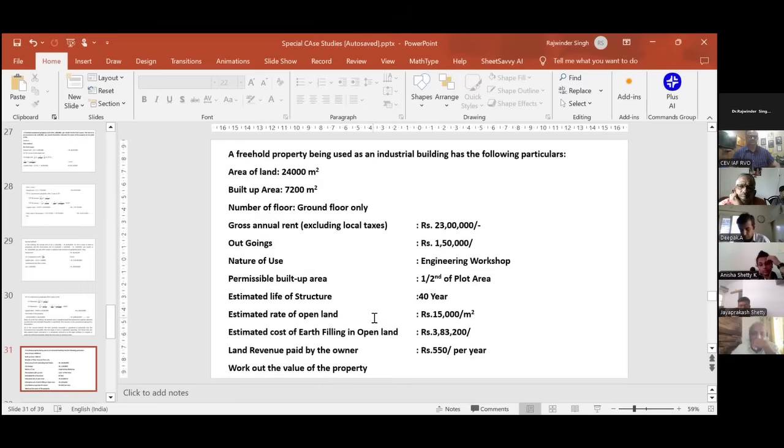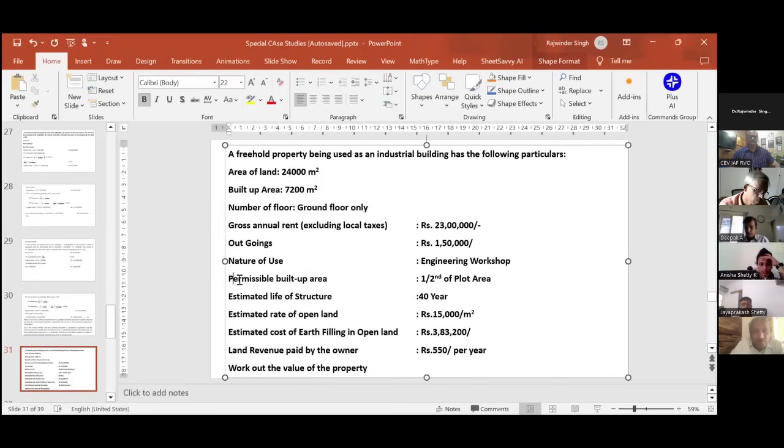What does this mean? What is FSI in this case? See here, 0.5.